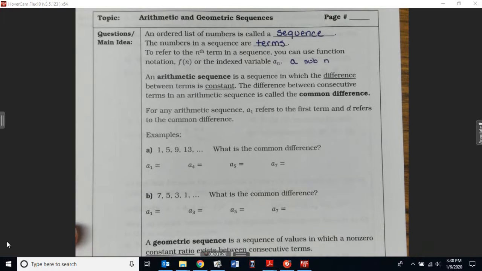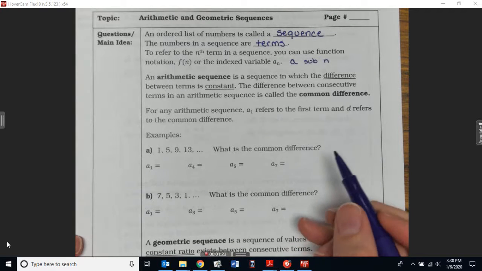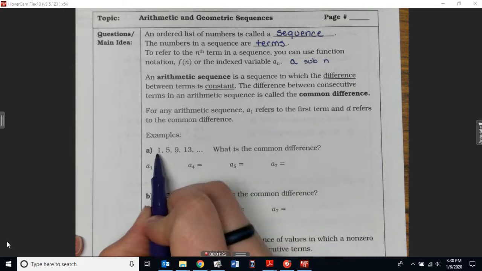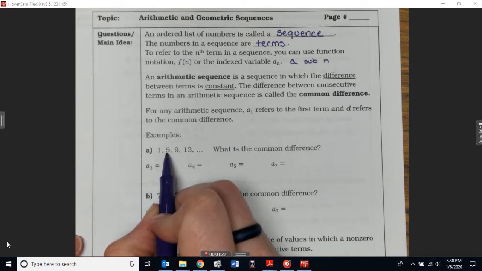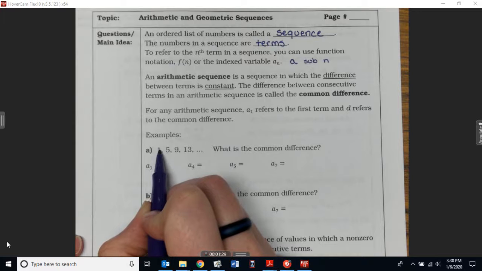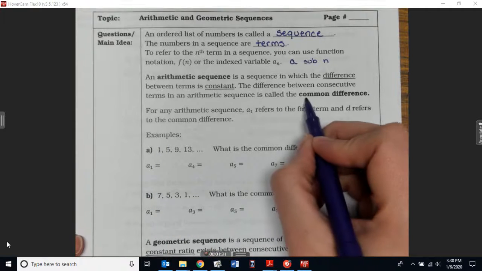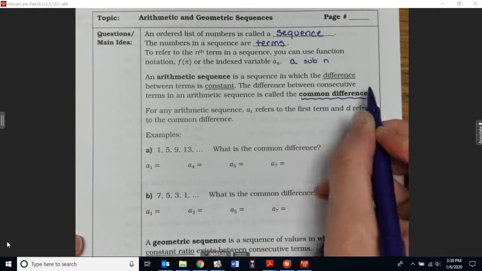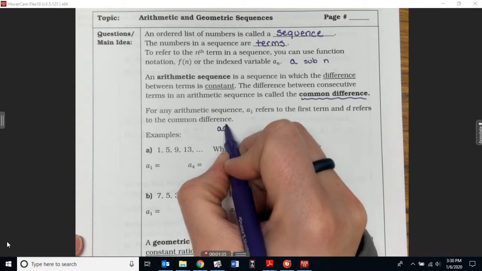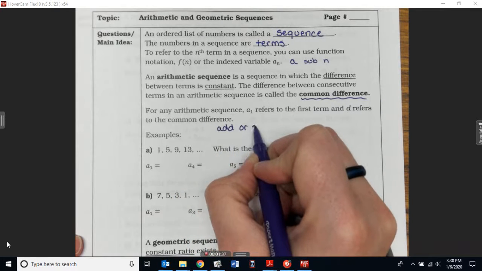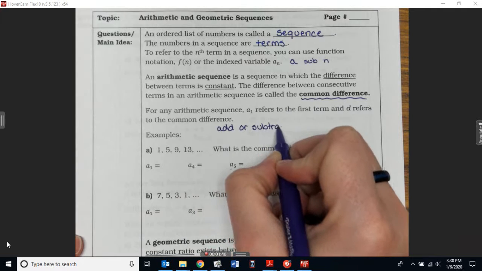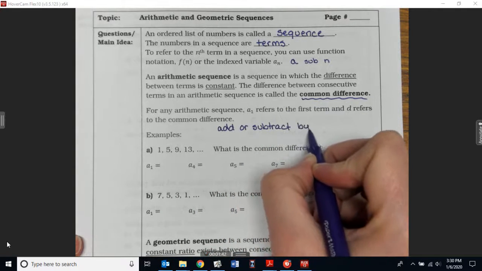So it's just what's the pattern, what's happening every time. If I'm talking about a common difference, that means I have to add or subtract by the same number.